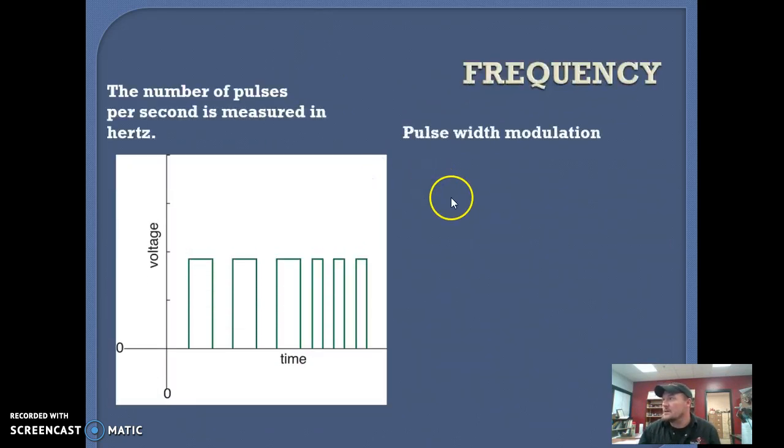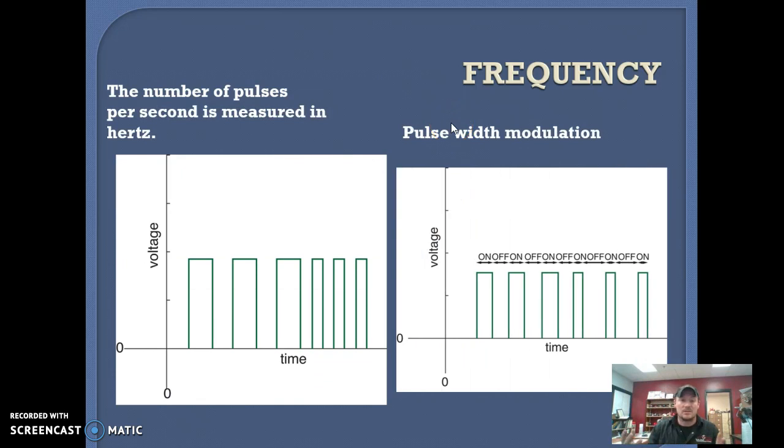So frequency, that's definitely what we need to talk about right off the bat. Once again, in pulse width modulation, frequency changed versus amount of on time versus amount of off time. So right here in this first section, we're going to see 50% on, 50% off. That's going to read as half the supplied voltage. Whereas back here, we're going to see 1/3 of the time on versus 2/3 of the time off.